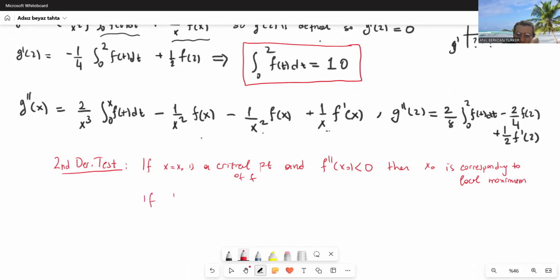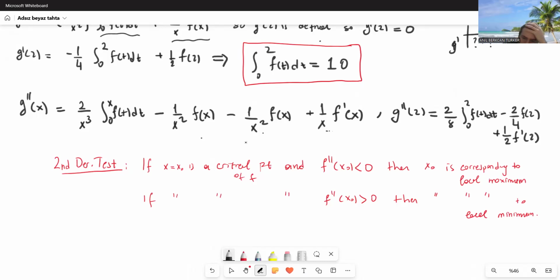If everything is the same, but f prime prime x0 is bigger than 0, then it corresponds to a local minimum.